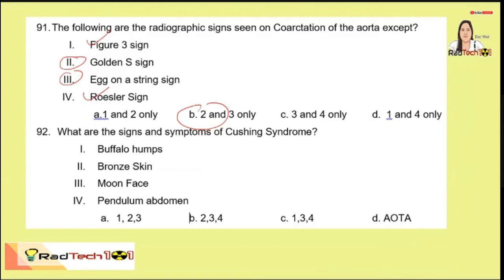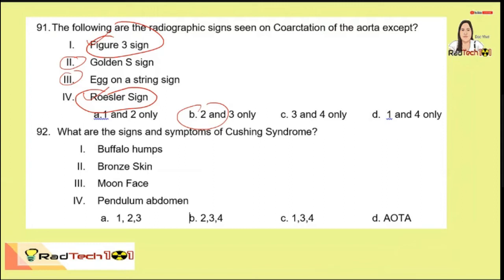The golden S sign can be seen on a collapsed upper lobe of the lungs. The egg on a string sign, a cardiomediastinal silhouette, is seen in TGA or transposition of the great arteries. For coarctation, this is the main, hallmark sign.